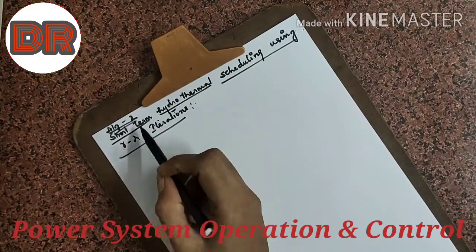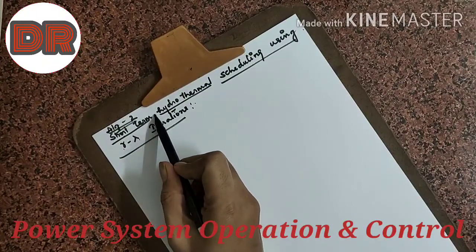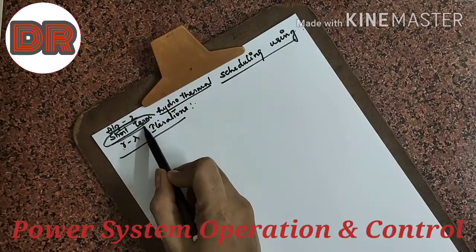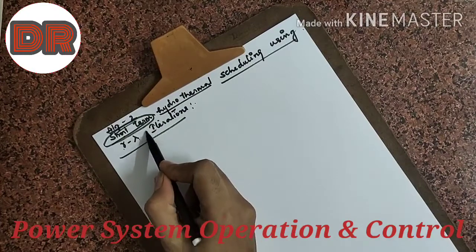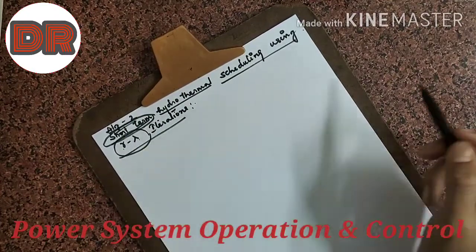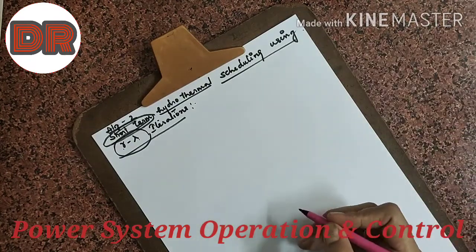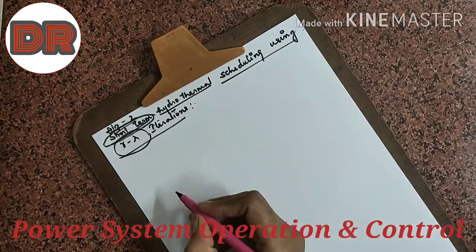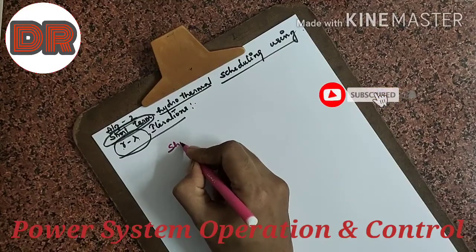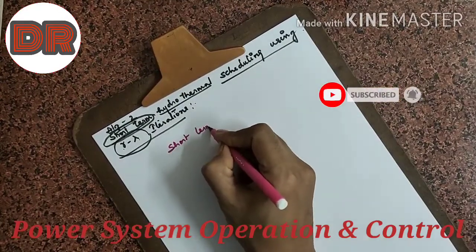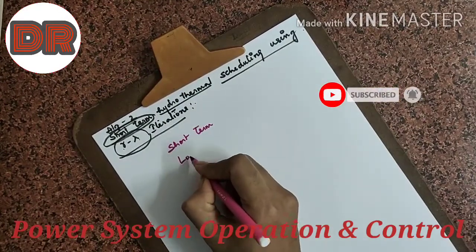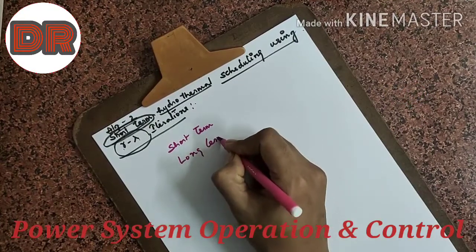Now here there are a few important terms to be noted. The first one is what is the short term and what are these gamma and lambda iterations. Basically, while scheduling hydrothermal power plants we have two types: one is short term scheduling and the second one is long term scheduling.